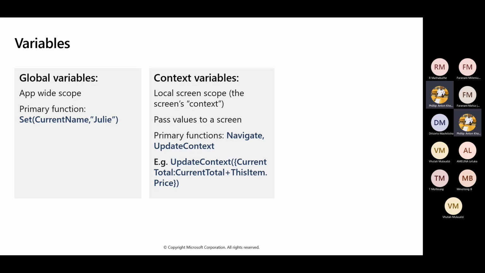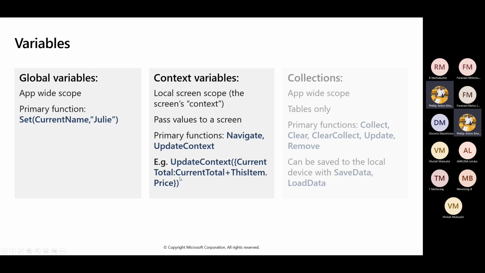So if you want your value to only be local to your screen scope, you would use UpdateContext, and you would also use curly braces inside that function, specify your variable, and then use a colon to assign whatever you want to assign. Okay, to assign the information to the variable.